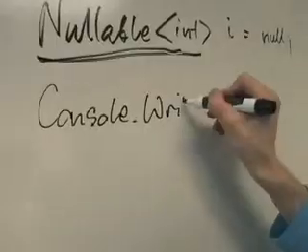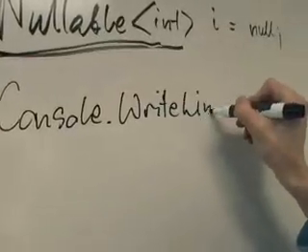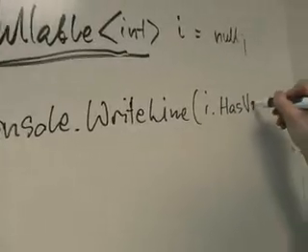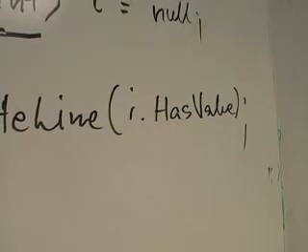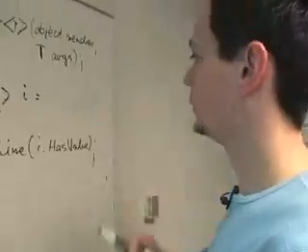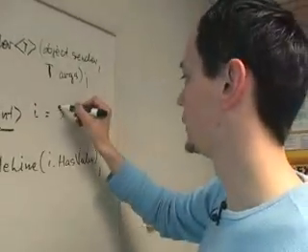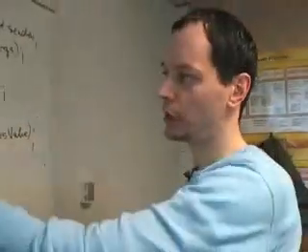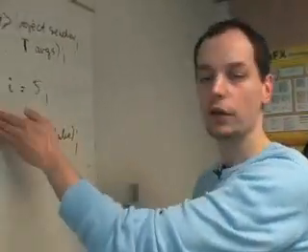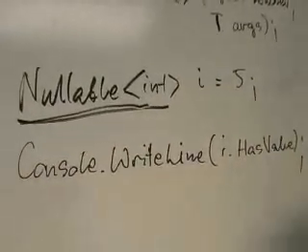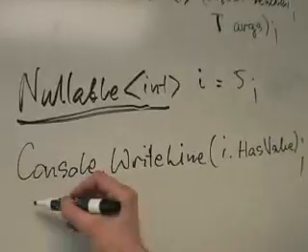So you can see a statement like this, Console.WriteLine of i.HasValue would print a value of false. Now you can assign an actual integer, let's say 5, to i, and the compiler will generate an instance of nullable of int with HasValue being true and the Value property being 5.